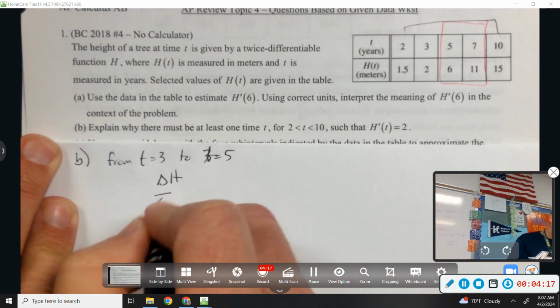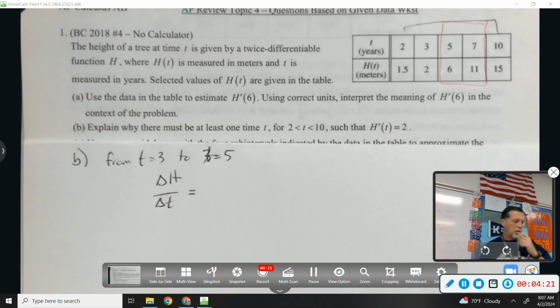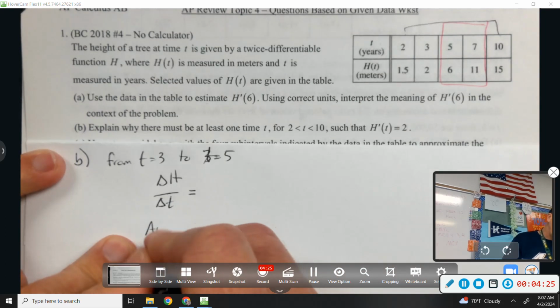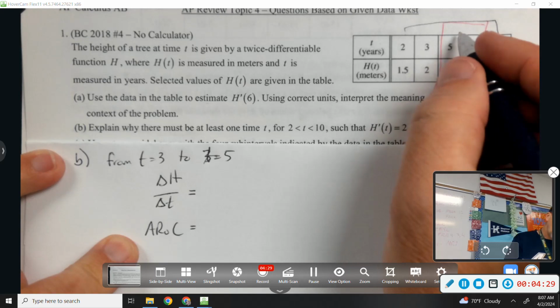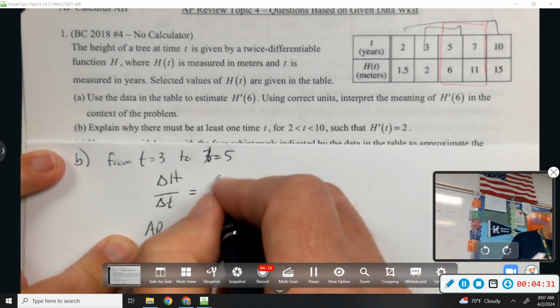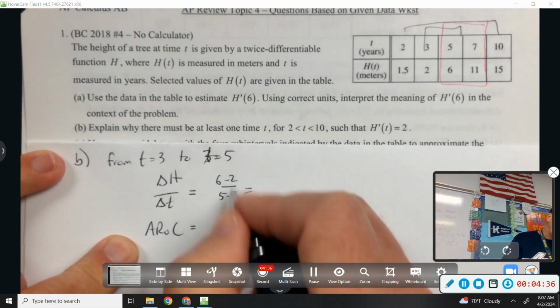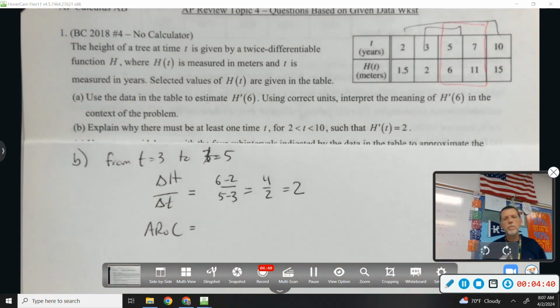Delta h over delta t, not derivative because we don't know that, but delta h over delta t, the average rate of change, is 6 minus 2 over 5 minus 3. That's why we pick that. 4 divided by 2 is 2. So the average rate of change is 2.